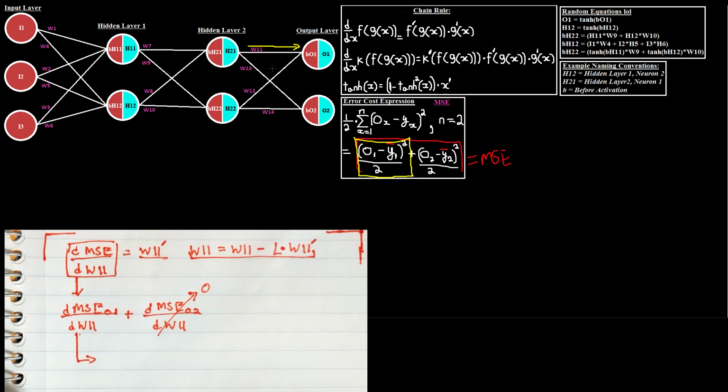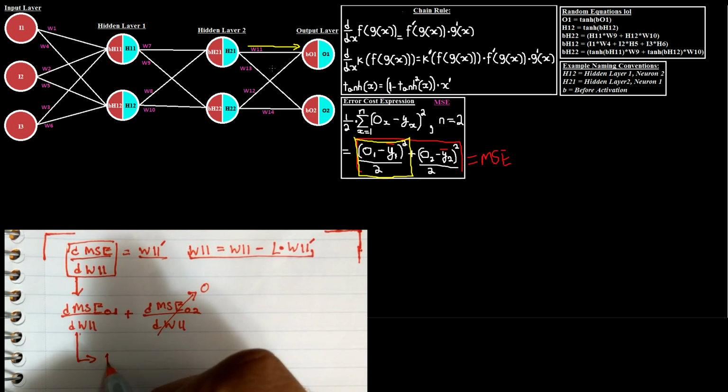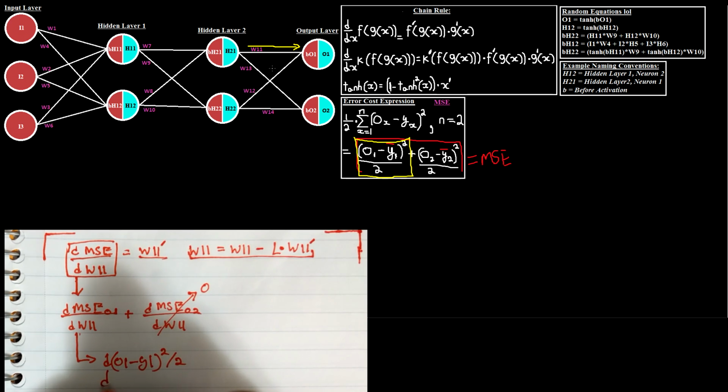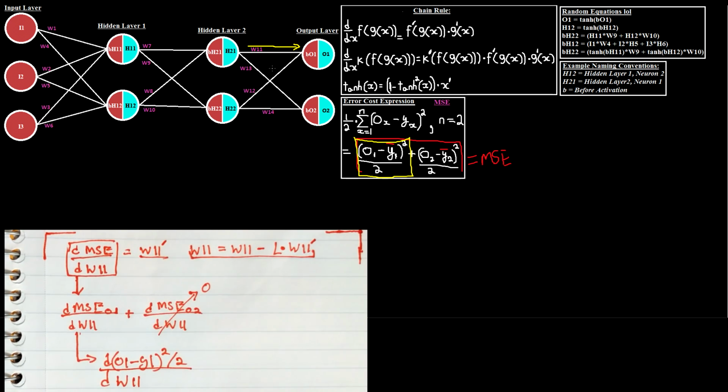So now instead of writing MSE of output 1, let's write the actual little formula, which is (O1 minus Y1) squared divided by 2. So the derivative of (O1 minus Y1) squared divided by 2 with respect to weight 11. If you think about it, we can just treat O1 minus Y1 as an x.